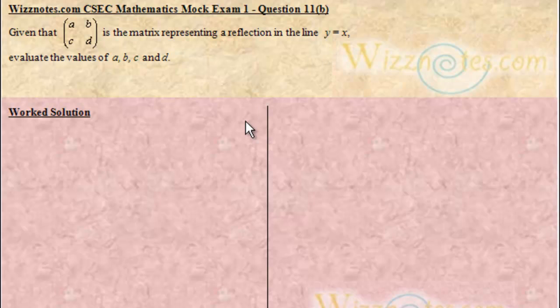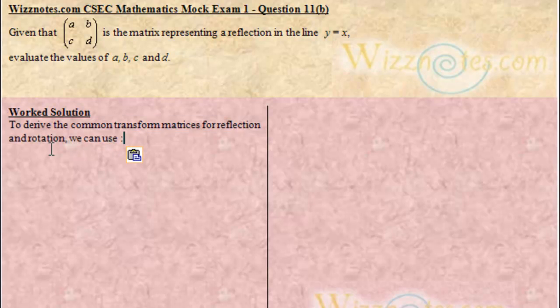But just to give some background, generally when asked to derive a common transformation matrix, we normally use points. That is a good way of doing it, to use points on the y-axis and on the x-axis.